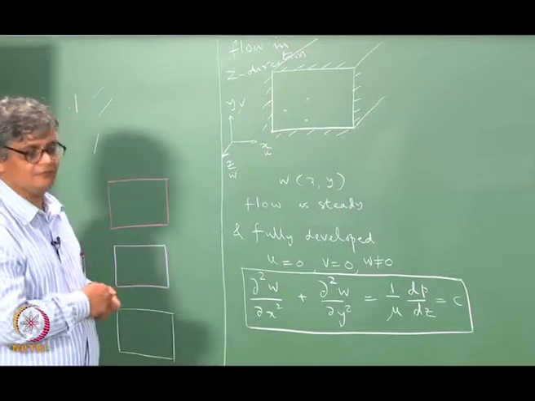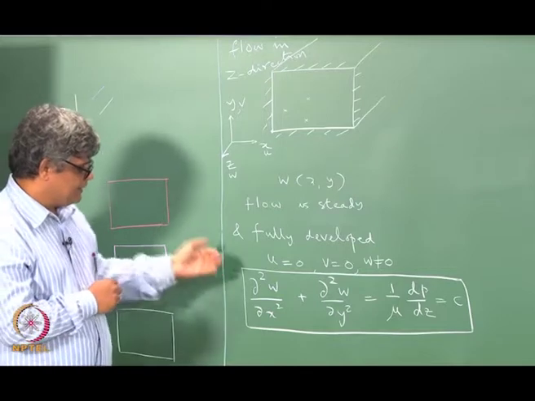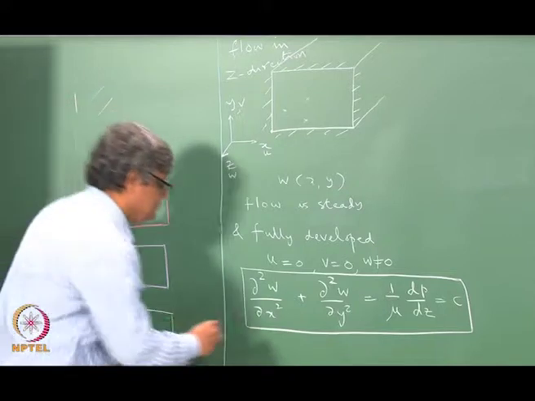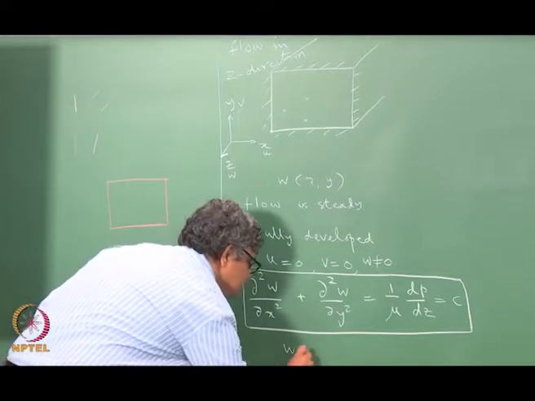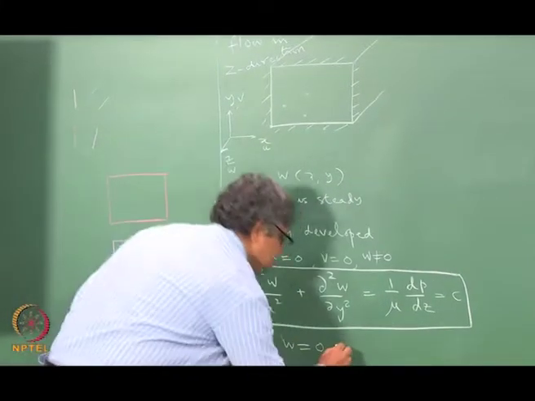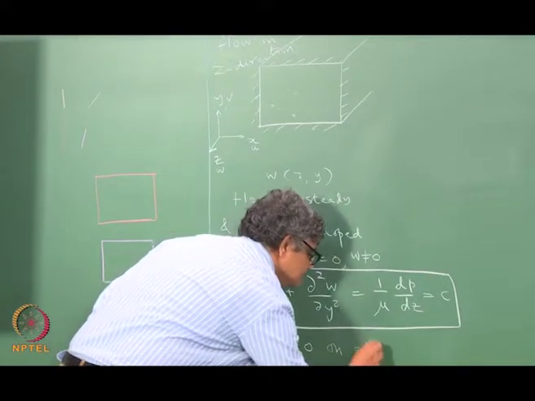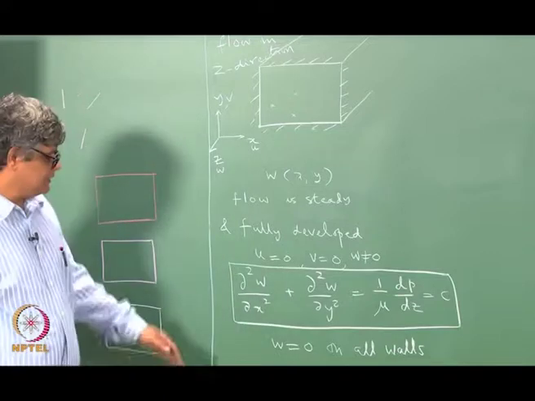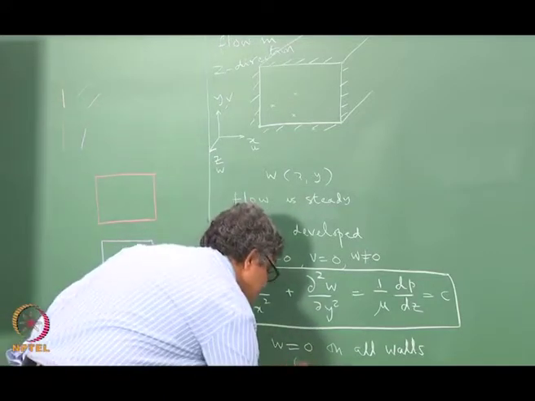Let us take it for granted that at this stage W is given by this equation, subject to the boundary condition that W is equal to 0 on all walls. Okay, so this is known as the no slip boundary condition.